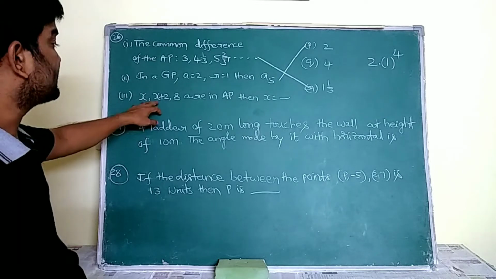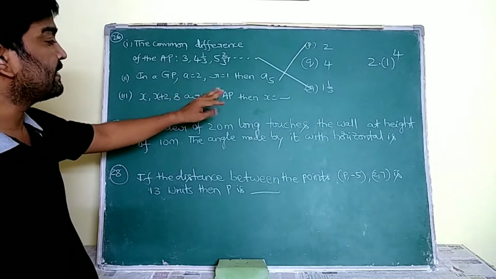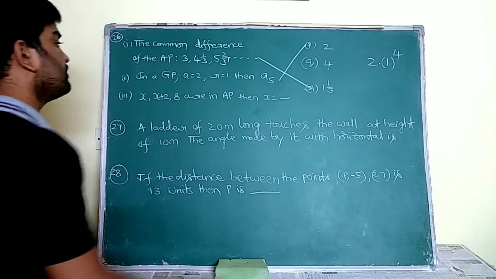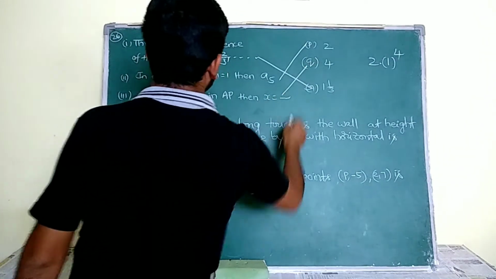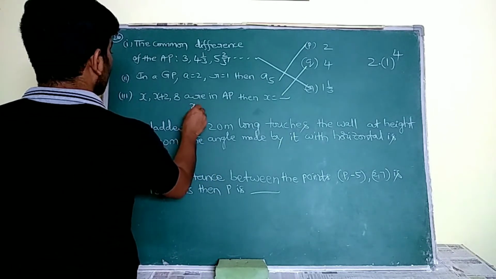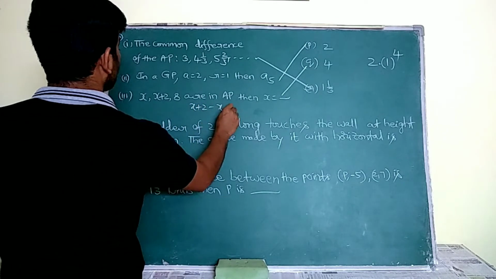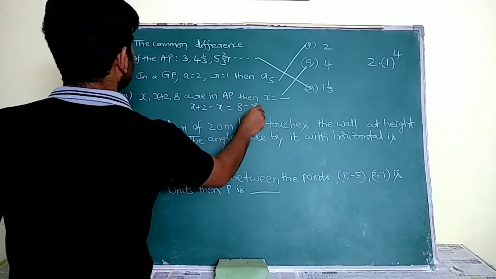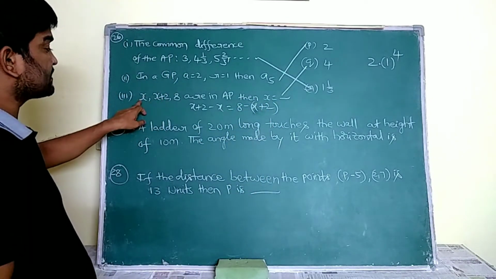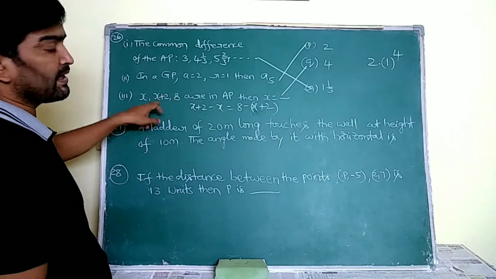Okay now, x, x plus 2, 8 are in AP. Then he is asking us to find x. So the remaining value is this only, no? That's why it is 4. If you want to calculate, then x plus 2 minus x is equal to 8 minus x plus 2 you have to do. Why? Because A2 minus A1 is equal to A3 minus A2.